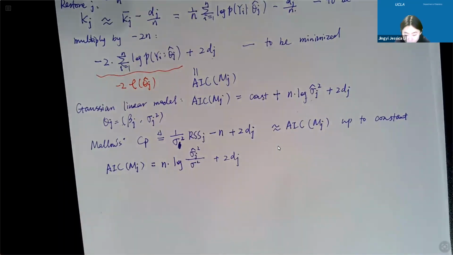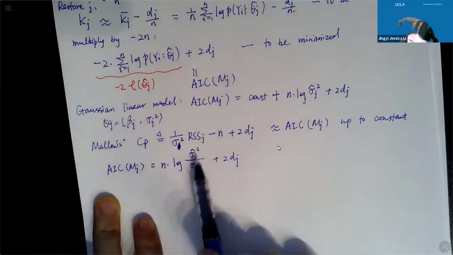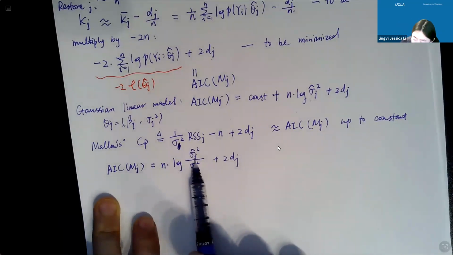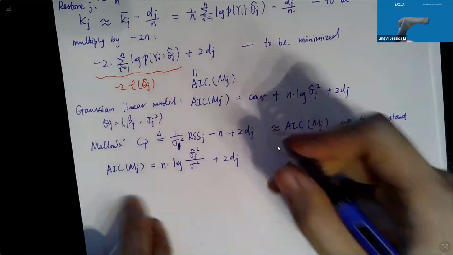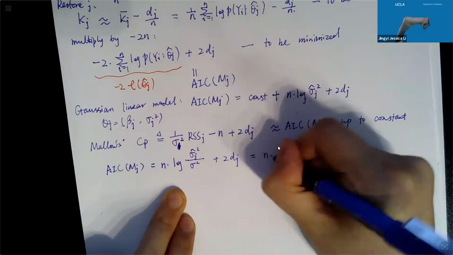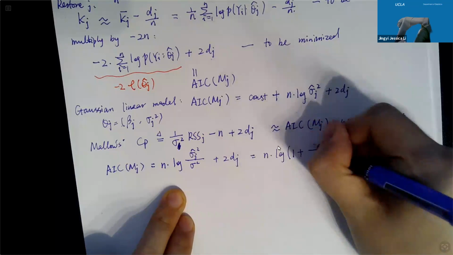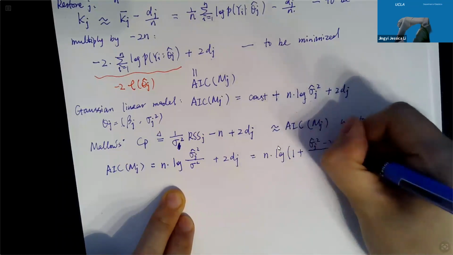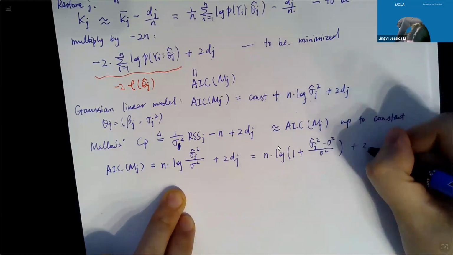Then I'm going to do a very interesting approximation based on log. I can for sure assume that this ratio is close to 1. That's something I want to say, because if the model is good, this term should be close to 1. So therefore, I can write the first term as log 1 plus sigma j hat square minus sigma square over sigma square, plus 2 times dj.